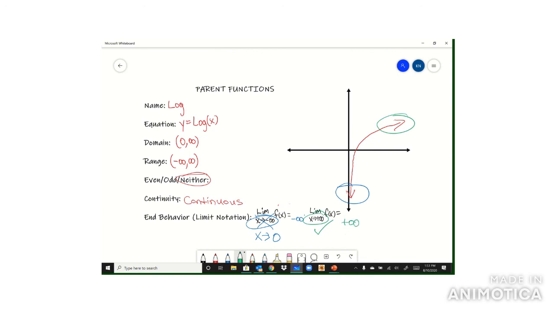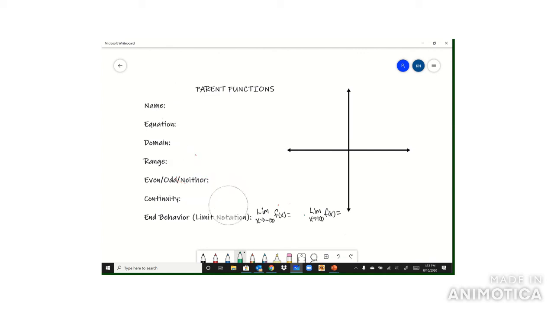Okay, then one more. I saved the weirdest one for last. You're probably not familiar with it yet. It's the greatest integer function. All right, so the equation looks something like this. It's like a bracket around the letter x.